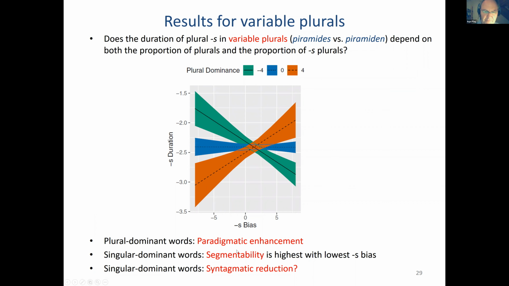So that's a bit of a puzzle and not very compelling, this what happens with the singular dominant words, but we still have to say that there are these paradigmatic effects. No matter how we want to explain or understand them, they are there.